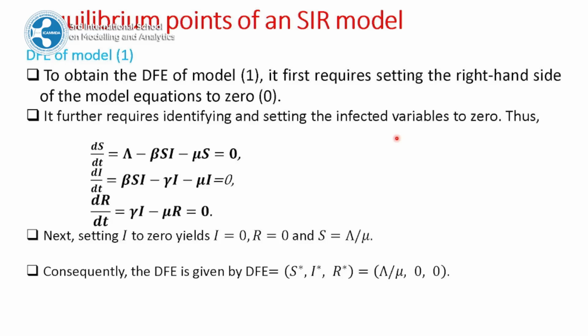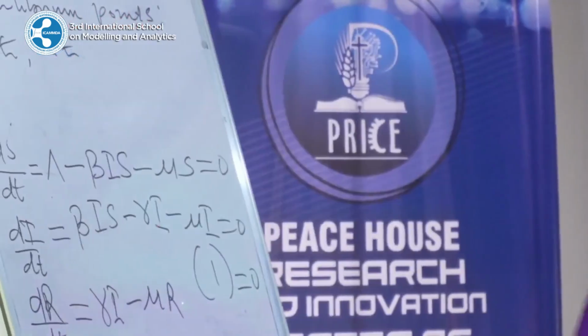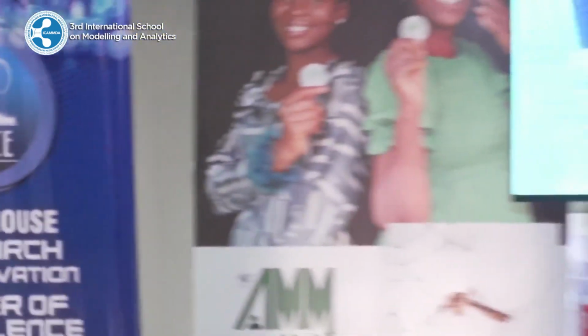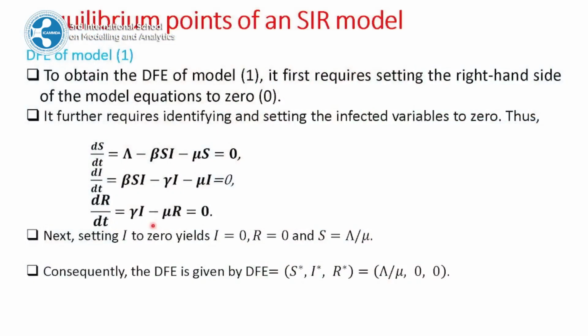In order to comply with that definition, we are going to set the right-hand side of each of these differential equations to 0. Then, we also recall the definition of disease-free equilibrium and endemic equilibrium. We said that disease-free equilibrium is a system steady state when there is no disease in the population.